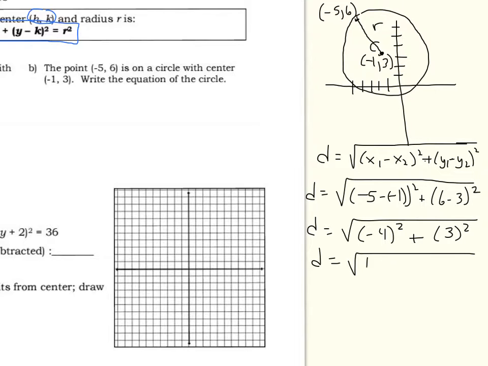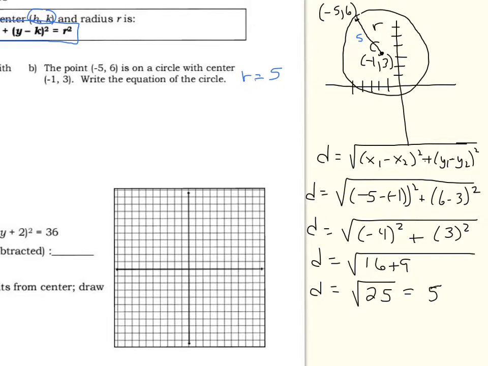So it's going to be the square root of 16 plus 9. 16 plus 9 is 25, so the square root of 25 is 5. So the radius of this circle, the distance between the center and one of the points on the edge, is 5. So a little additional work we had to do for this one. And once you have that, we're good to go.